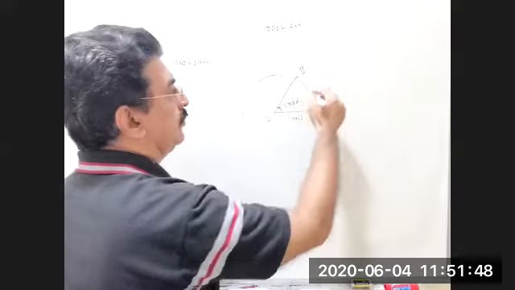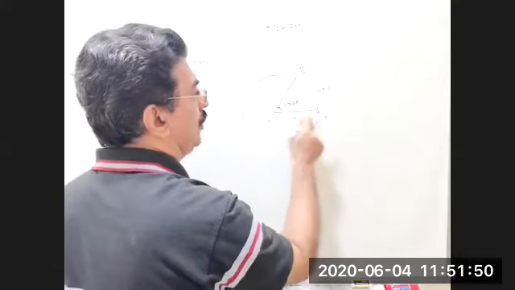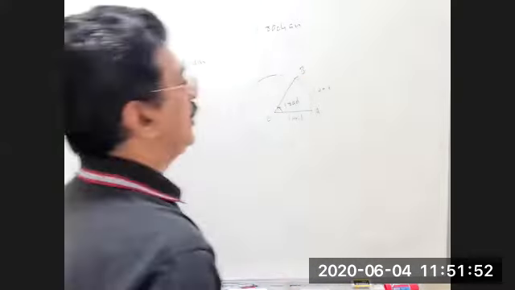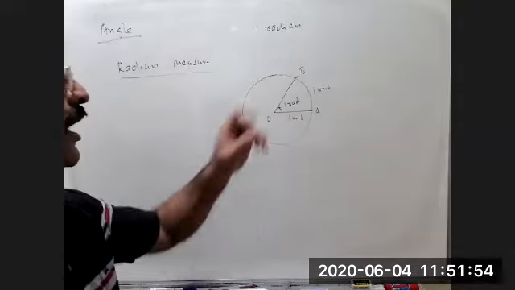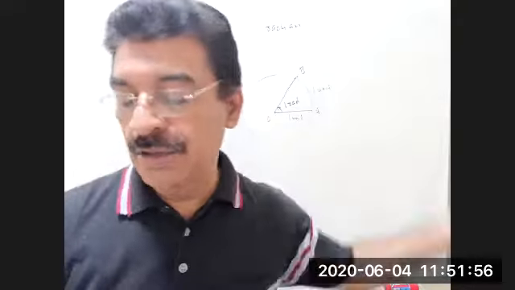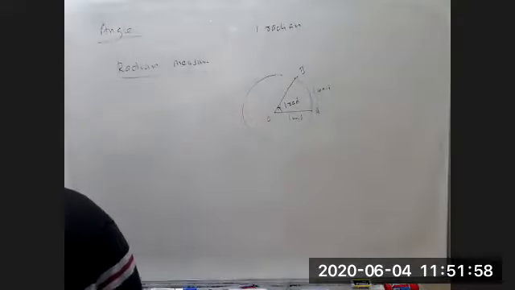Draw this figure. OA is 1 unit, the length of arc AB is also 1 unit. This angle AOB is 1 radian. Draw that figure.